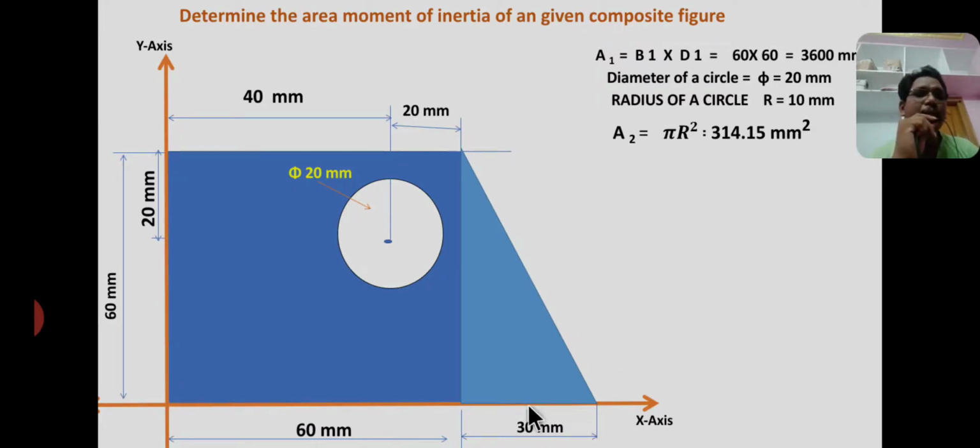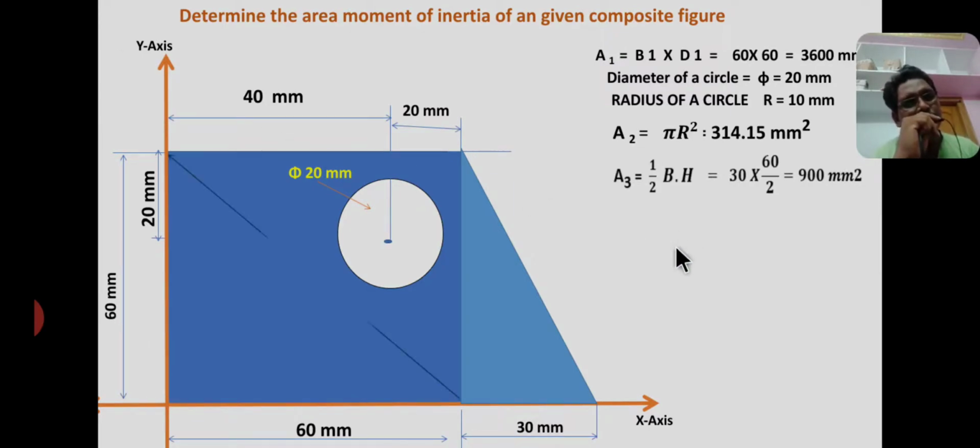Therefore the area of the triangle A3 equals half into base into height, that is 30 into 60 by 2 equal to 900 mm square. So area 1, area 2, area 3 are the individual areas, whereas A1 minus A2 plus A3 is the total area of the composite section.